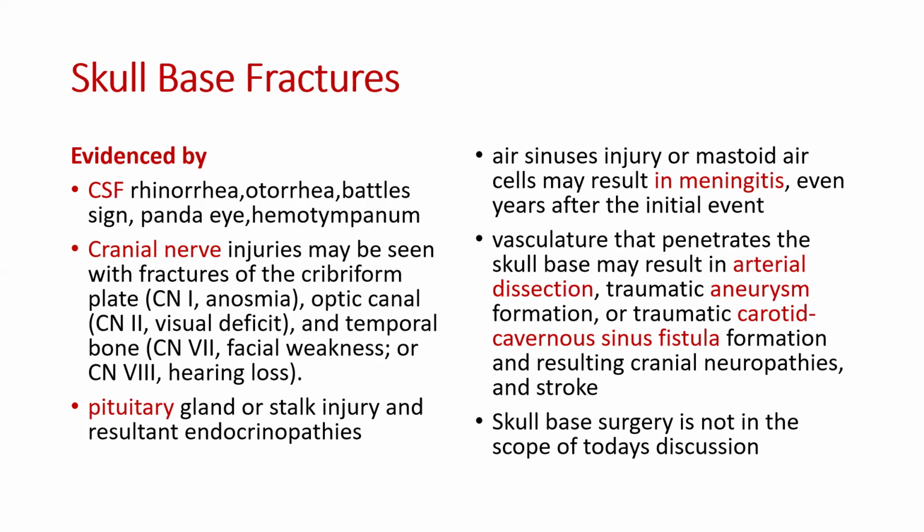To determine that it is mixed with CSF, we do what we call a halo test. In the halo test, we put a drop of the blood on filter paper, and the blood will concentrate at the center, and the CSF will form an outer ring, which looks like a halo outside the centrally concentrated blood. So that is how we know we have CSF rhinorrhea. So you get two rings, isn't it? Yes, doctor, you get two rings.